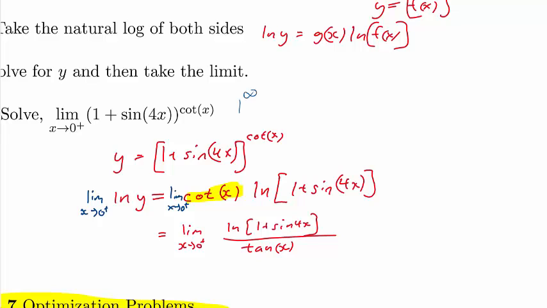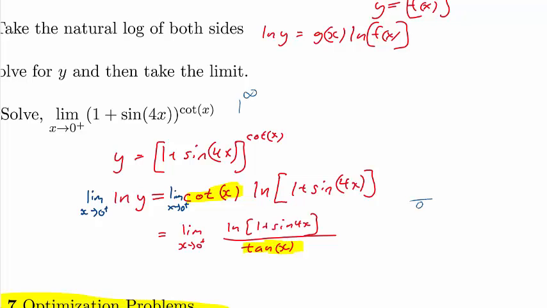Because cotangent is the same as 1 over tangent. Alright, so if you plug in 0 for tangent, you're going to get 0 in the bottom. If you plug in 0 up in the top, you're going to get negative 0 in the bottom if you plug in the 0.